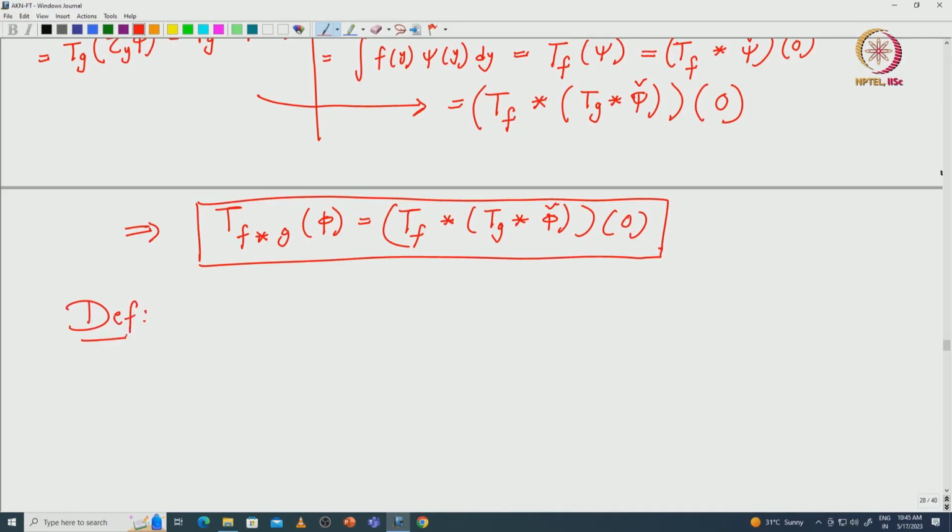So, let T, S belong to the distributions on Rn, with one of them having compact support.